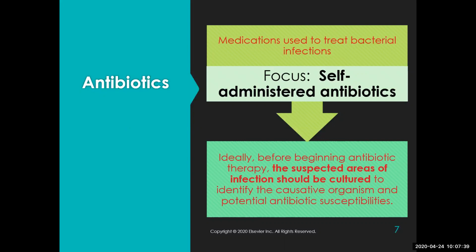And UTIs are generally caused by gram-negative bacteria because of the location of the urinary tract system in proximity to the bowel and where the fecal material comes out, which is gram-negative bacteria. So they will typically not culture every single person who appears to have an infection. However, we'll talk a little bit more about that as we go through learning about antibiotics.